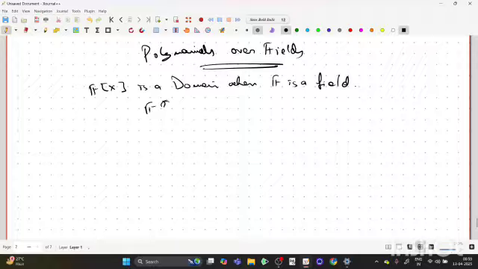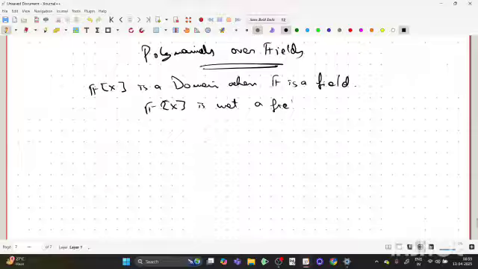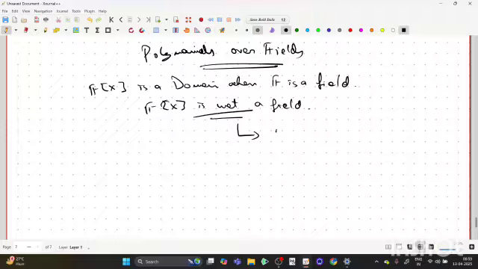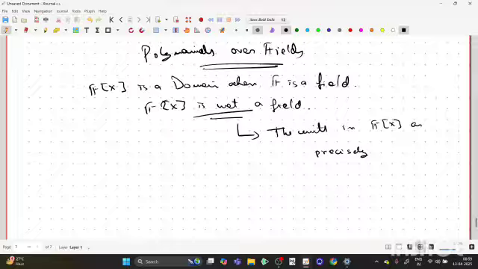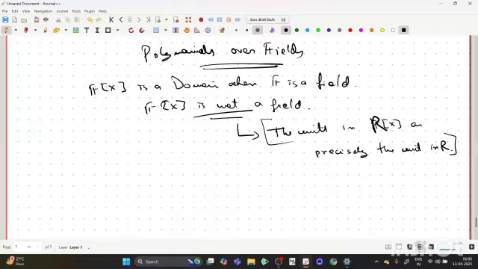But obviously F[x] is not a field, right? It is an easy check that the units in R[x] are precisely the units in R. Okay, you can just try and prove this. It's a very simple proof.